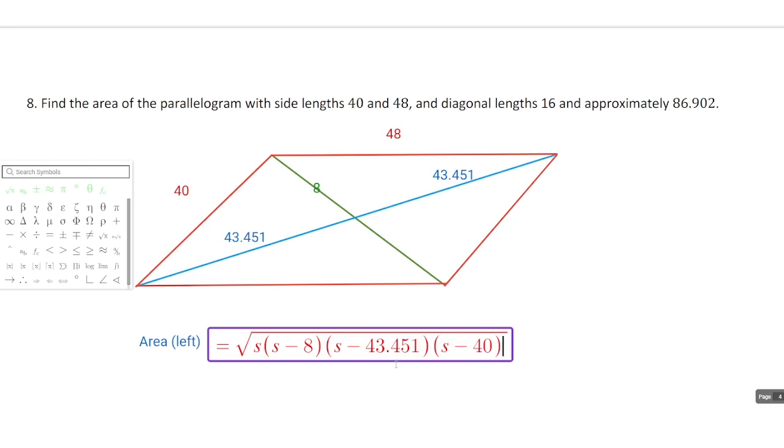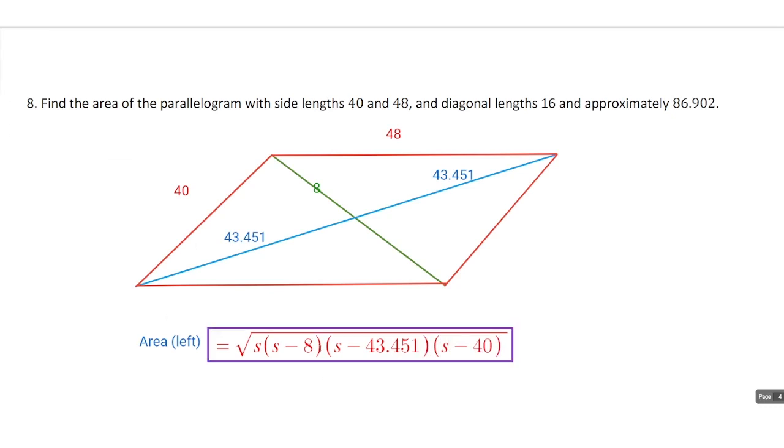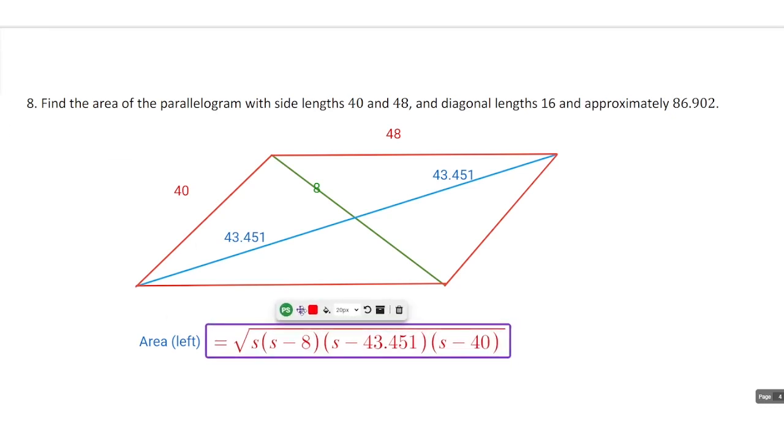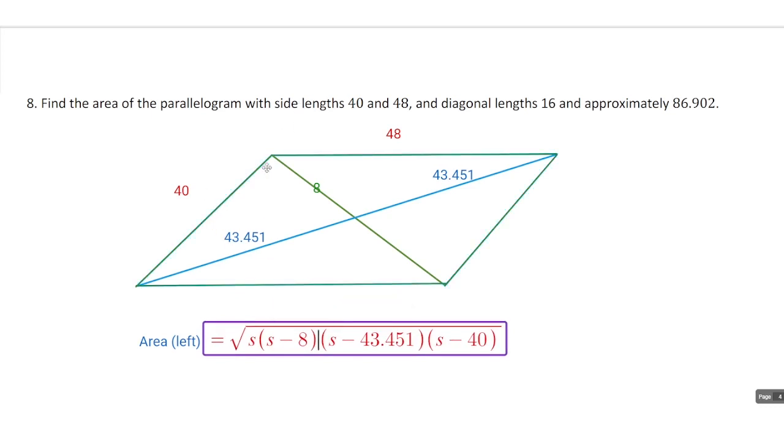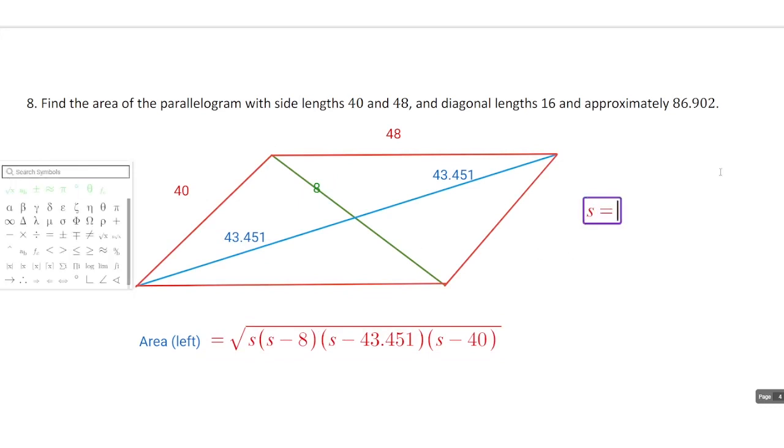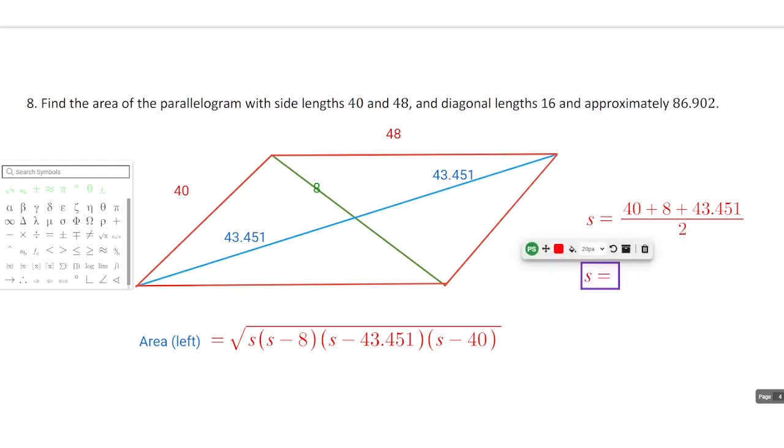Now we have not calculated the semi-perimeter here. We'll go ahead and do that. The semi-perimeter is going to be half the perimeter. So over here, I'll just calculate the semi-perimeter separately. This S is going to be half of the perimeter. So 40 plus 8 plus 43.451, all divided by 2. And let's go ahead and put that in the calculator as well.